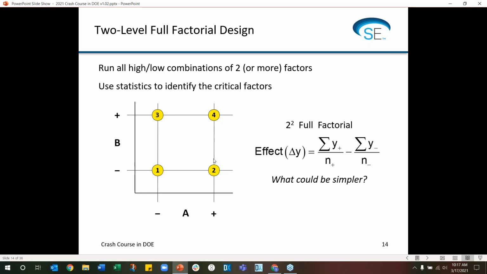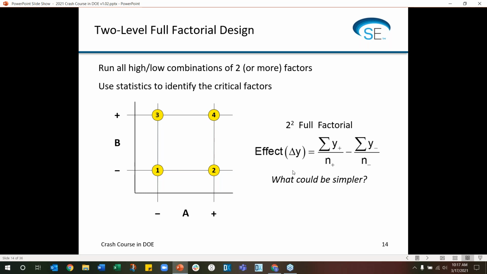With this structure, we can calculate the effect of going from low to high A by averaging the information at the runs where A is set to its high level, and we average the runs where A is set to its low level, and we take the difference.